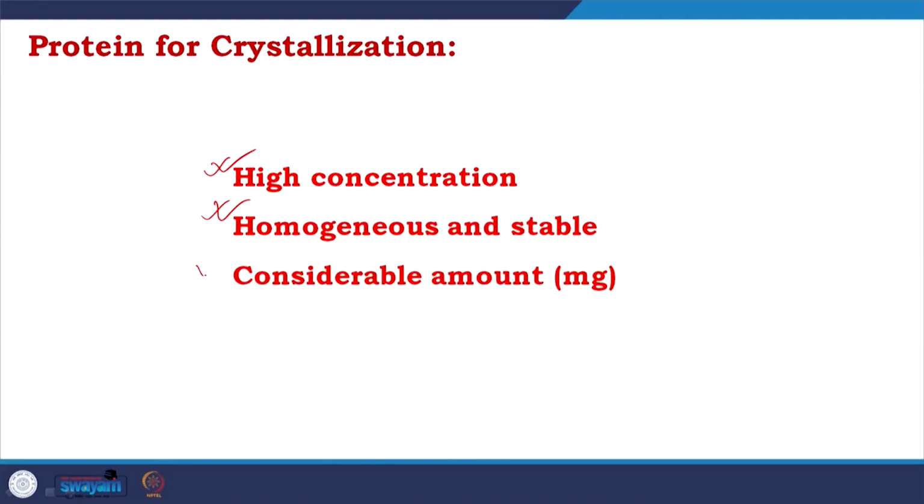And you need a considerable amount, because you have to make a screening. At least we make 500 to 1000 screen conditions. So, you need a good amount of protein if you want to go for crystallization.